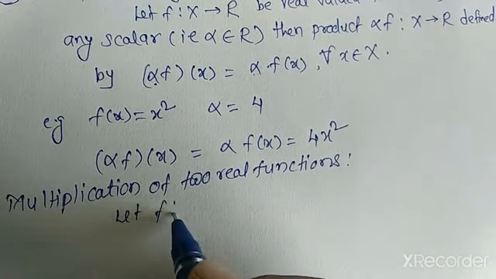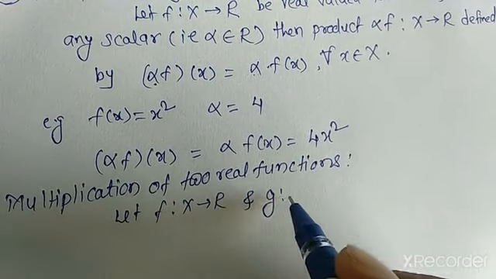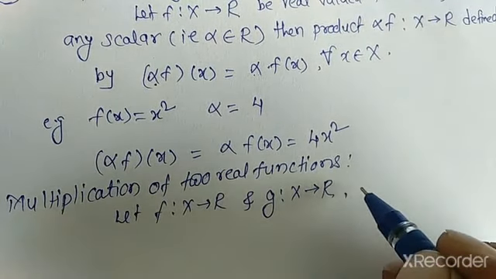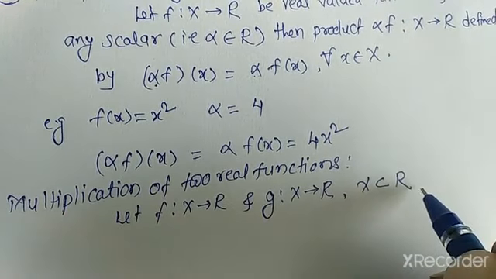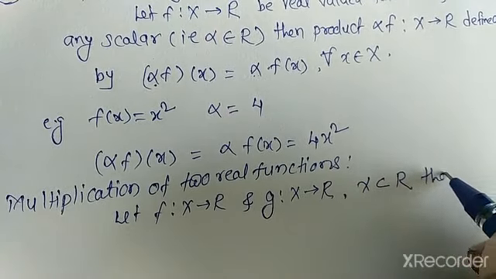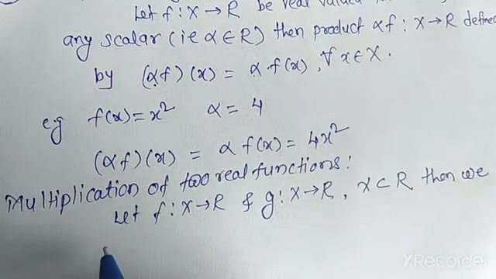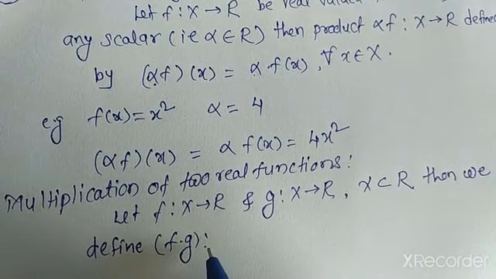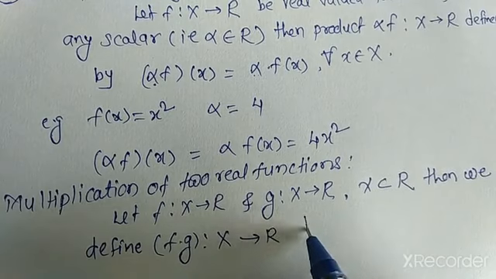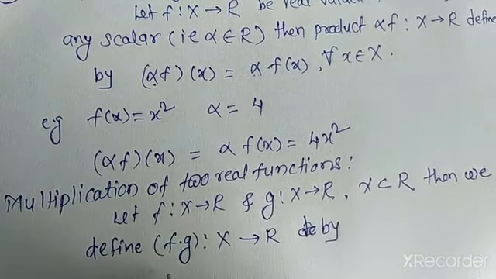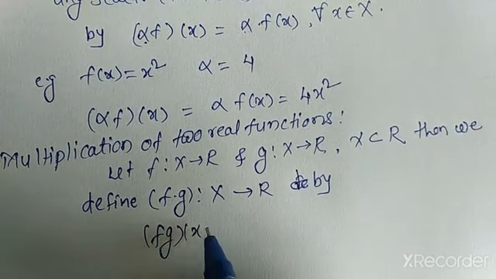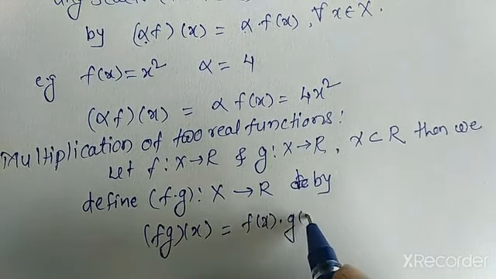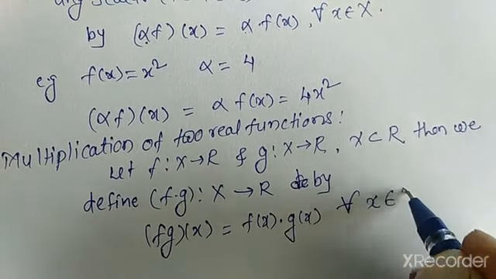Let f be a function from X to R and g also a function from X to R, where X is a subset of R. Then we define the function f into g from X to R by (f·g)(x) = f(x) into g(x) for all x belongs to capital X.